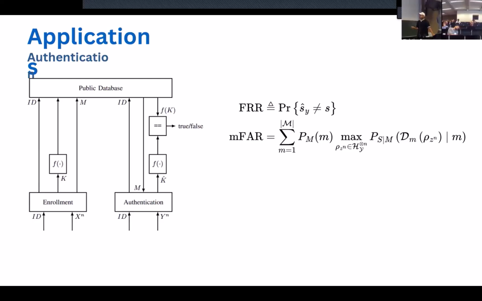For PUF, again, it's the same thing, but we have two kinds of error: false rejection rate, where the secret key does not match, it may be because of error, and false acceptance rate, where the eavesdropper is able to authenticate itself in a wrong way, say by providing its own input instead of the actual response of the PUF.